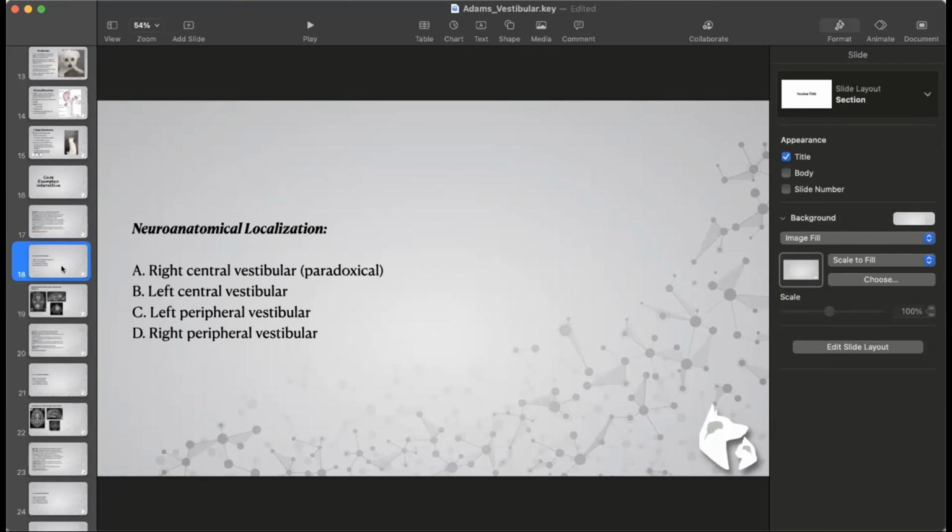So the question is, based on that information, where would you localize this cat to?